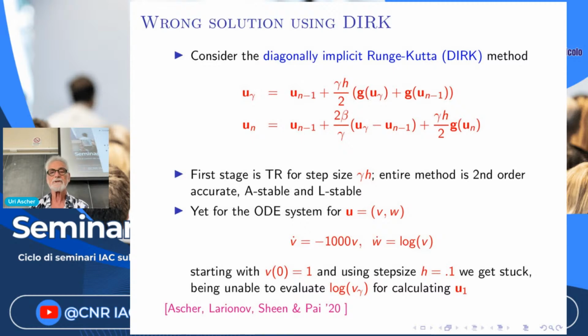So TR-BDF2 is one example of this diagonally implicit Runge-Kutta method, where first of all you calculate a mid-step U gamma at some gamma, and in the case of TR-BDF2 gamma is 1/2, and then apply a BDF2 type step.